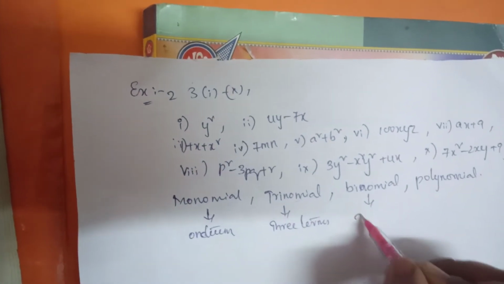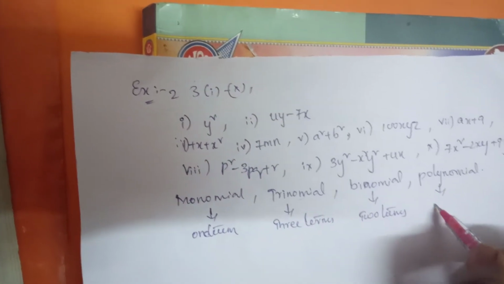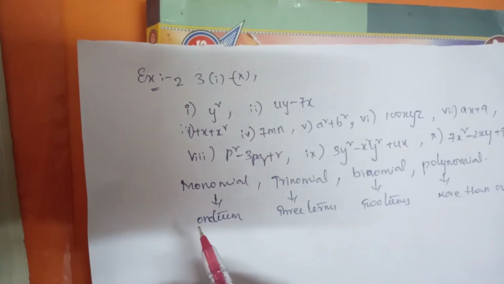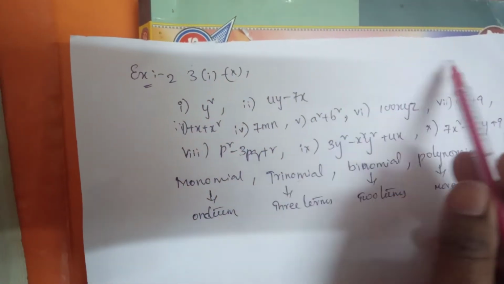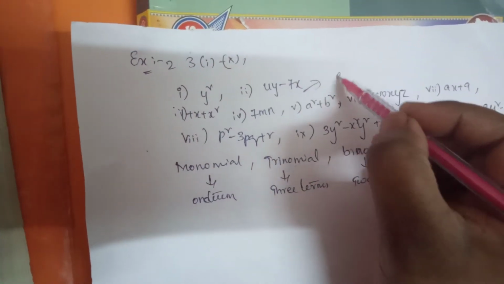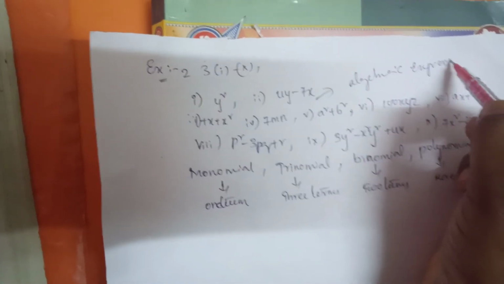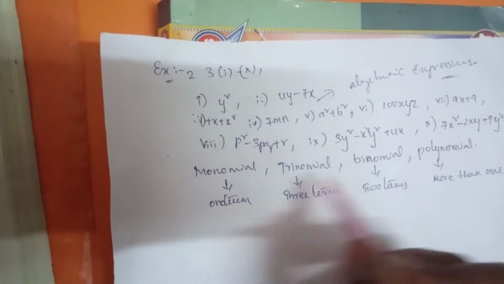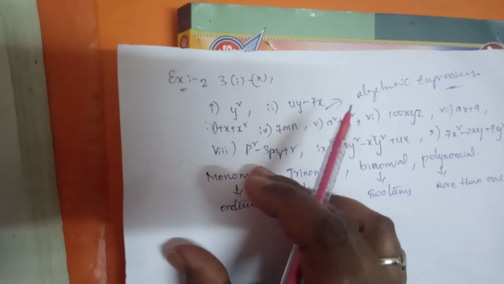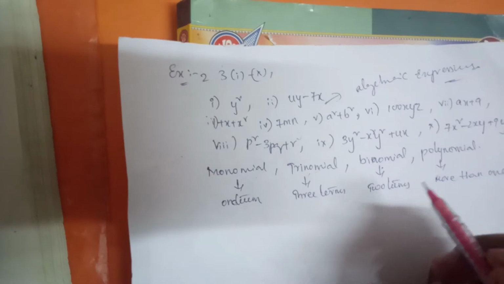Binomial, two terms. Polynomial, more than one. So these are the 10 algebraic expressions, and from these we are going to divide them into monomial, trinomial, binomial and polynomial.